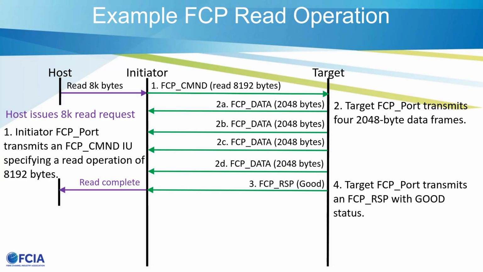It's a very simple read operation. I'll let you know that reads and writes can be very large. The data length field is 4 bytes, so it can be megabytes in size if needed. That's not your typical I/O operation, but it's a possibility given the flexibility of the protocol.